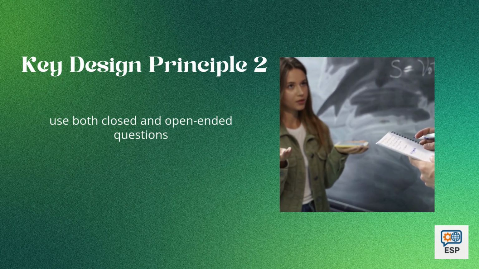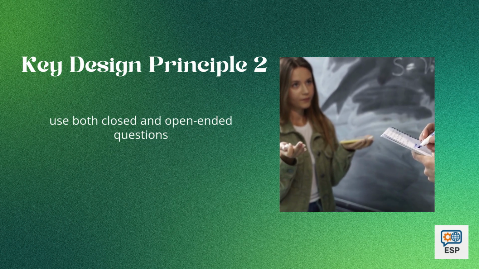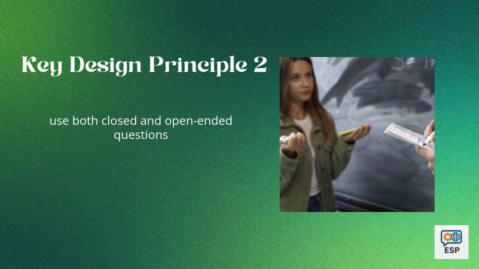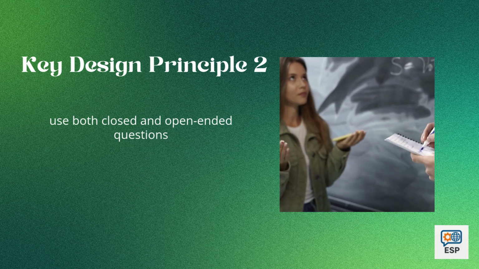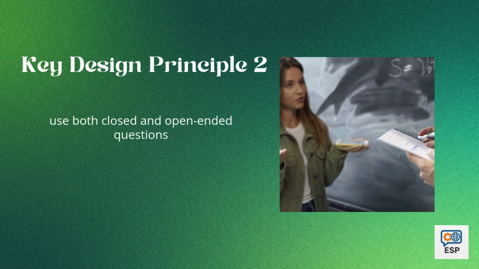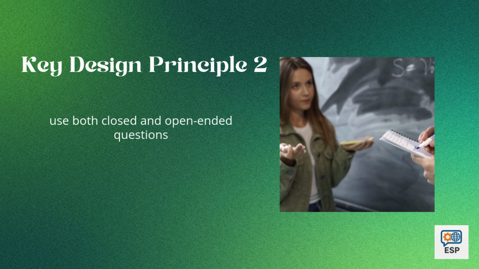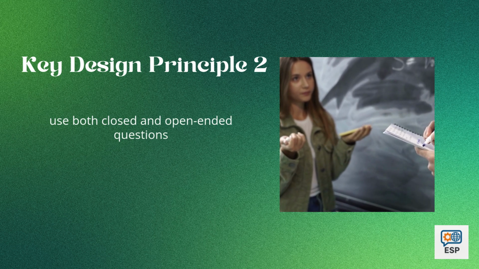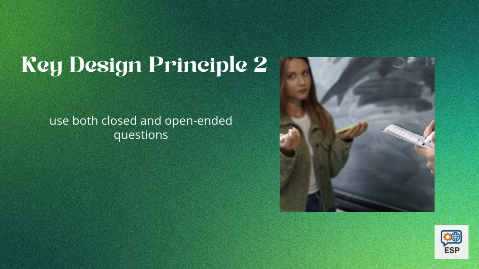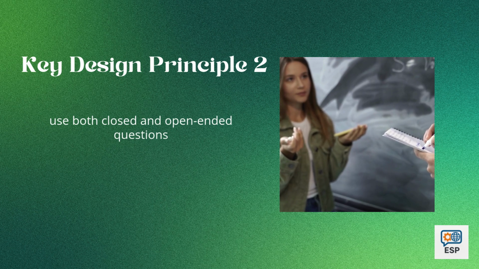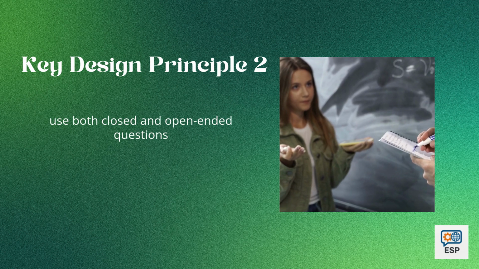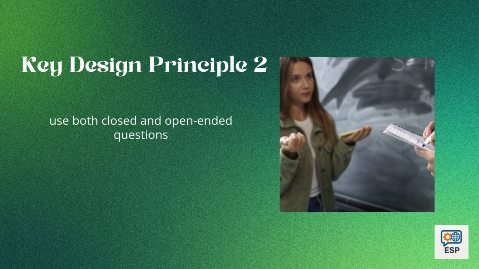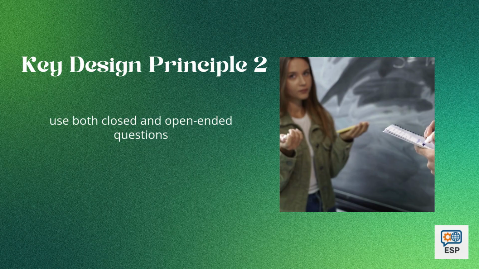As you're writing your questions, your key design principle number 2 is to identify both closed and open-ended questions. Very similar to the methods that you may use to gather information, understanding that depending on the method, there are different insights to be had. The same is the case for the sort of questions, closed and open.